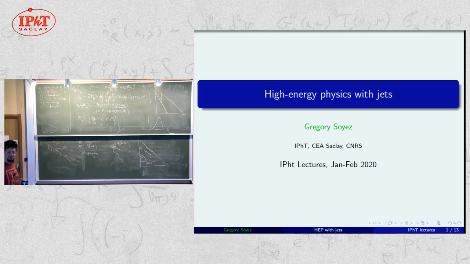This is amazing, right? Well, curious, at least. There's something which is ill-defined order by order in QCD. It's collinear unsafe. And the title of the original paper was Unsafe but Calculable.